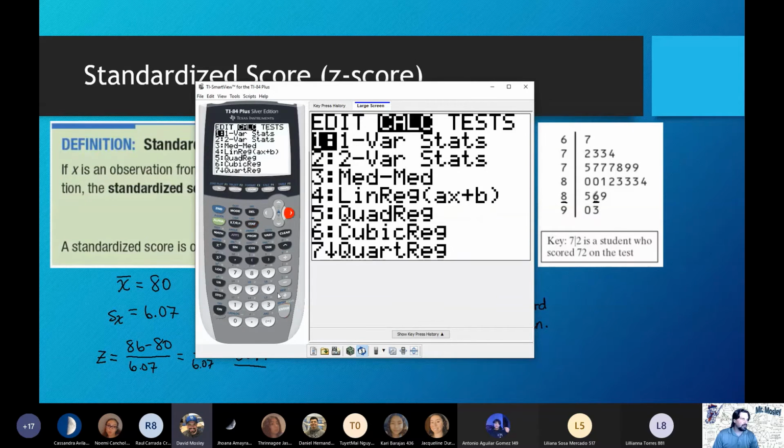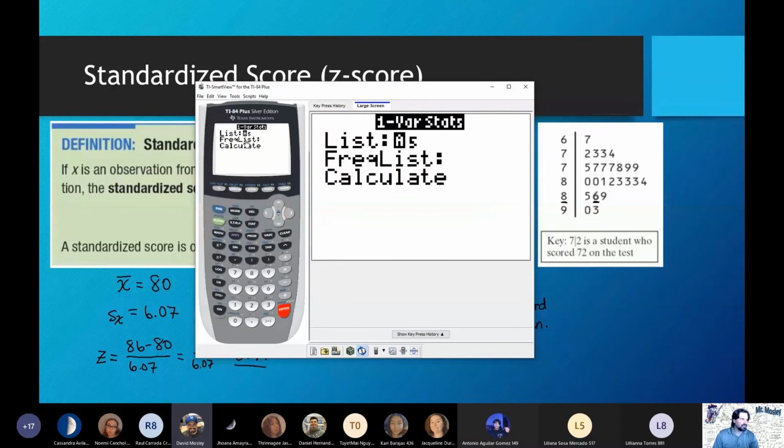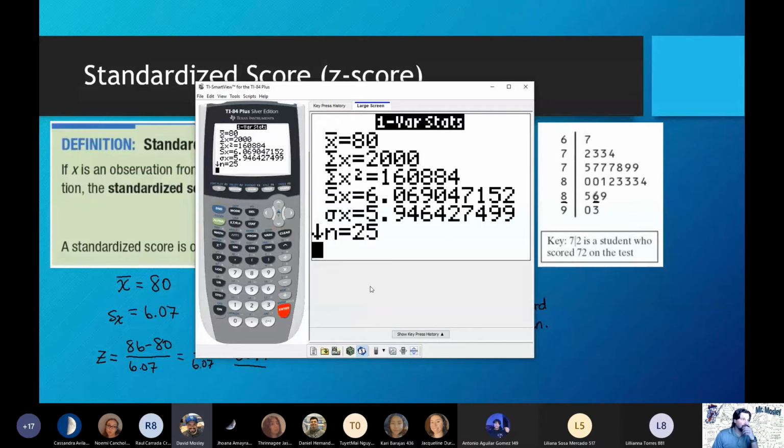Then I went to calculate, one variable statistics. List 5 is still in here because that's the one I did. We calculated it. Once again, the standard deviation is the average distance of my observations from the mean.